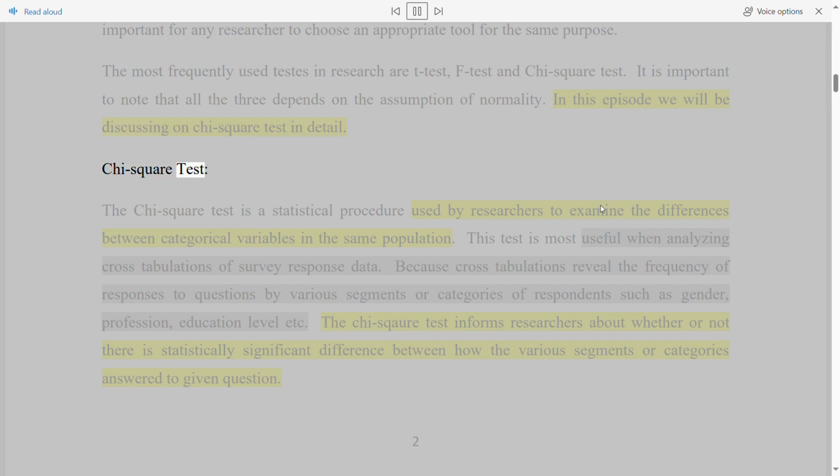Chi-Square test. The Chi-Square test is a statistical procedure used by researchers to examine the differences between categorical variables in the same population.